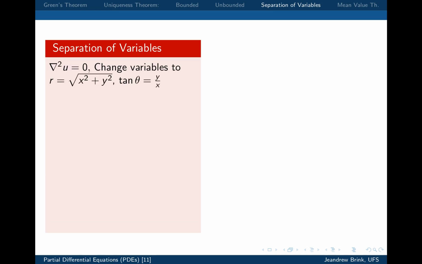By this stage, you should be quite fit at changing variables of a second order equation, so I'm just going to give you the result. Work through it, and make sure you know how to get from u_xx plus u_yy equals 0 to this expression. So this is Laplace's equation in polar coordinates.